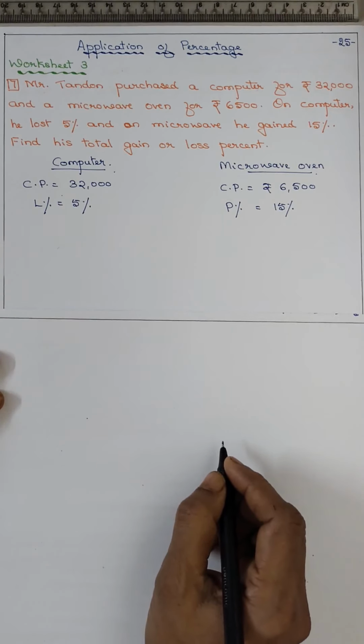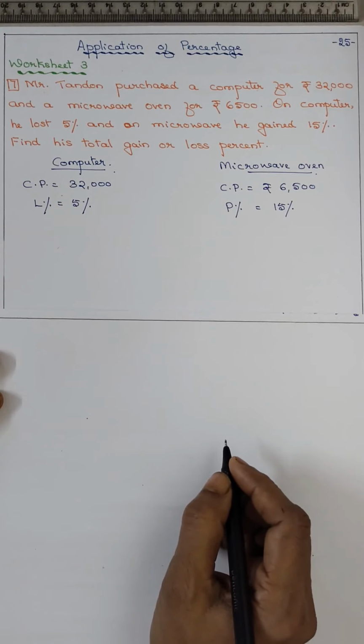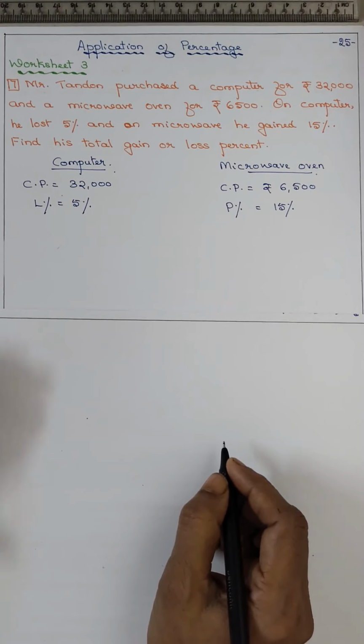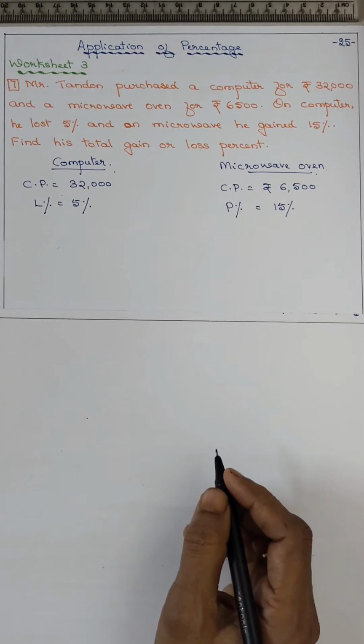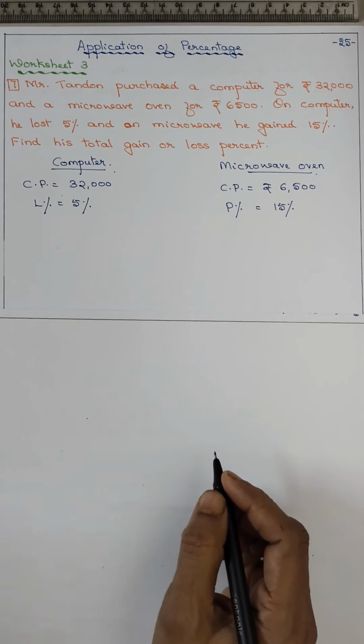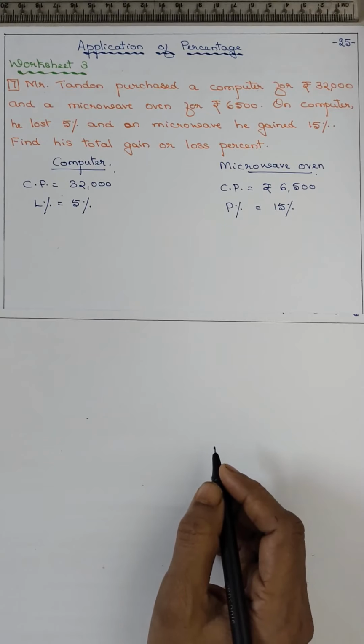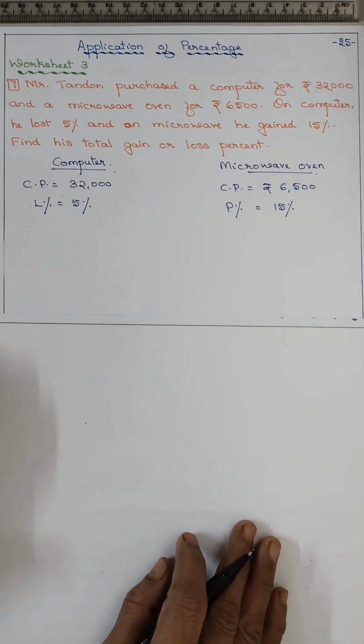So for that we have to find out the SP. Isn't it? Like the earlier sum, the same method. Find the SP of both and add the CP of both, add the SP of both and then compare.